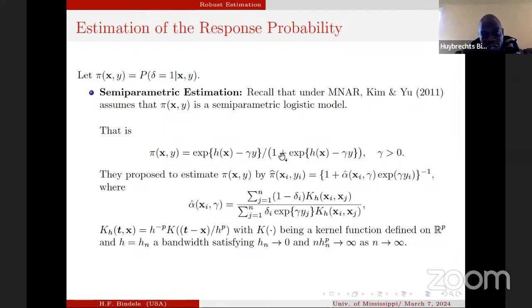We do introduce a parameter here. Remember, we are in the situation where we have missing y's. You have to worry about how you're going to estimate this parameter, gamma. So we do have a problem of model identifiability because of this new parameter that you have introduced. And how are we going to estimate it?